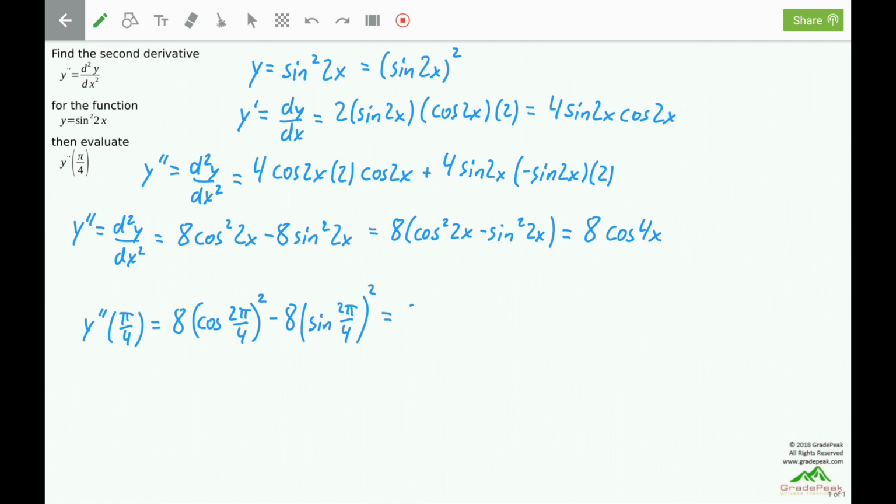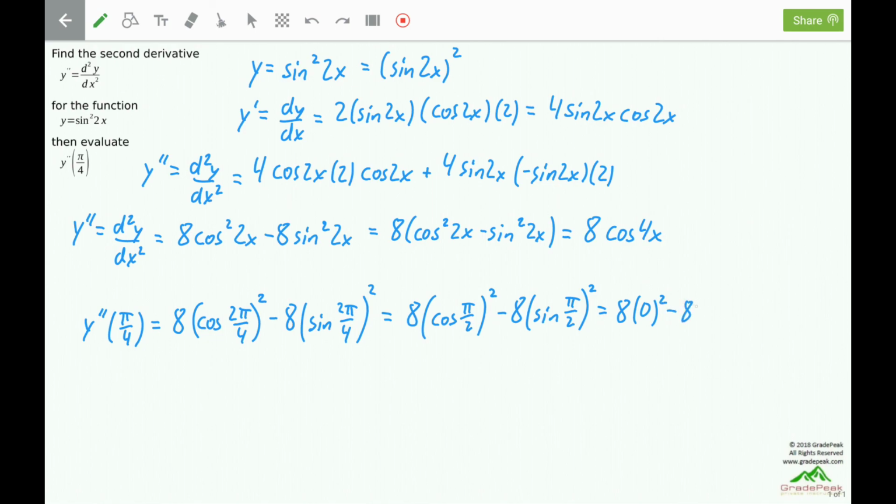Before we work each of these out, let's reduce the 2 pi over 4 to a pi over 2 in each of them. It will then look a little more familiar to the unit circle. And the cosine of pi over 2 is a 0, so we have 8 times 0 squared.